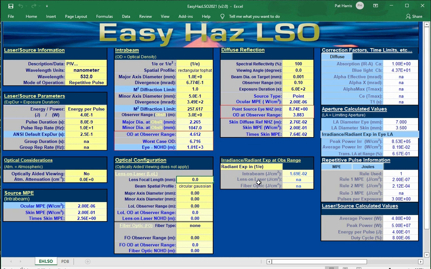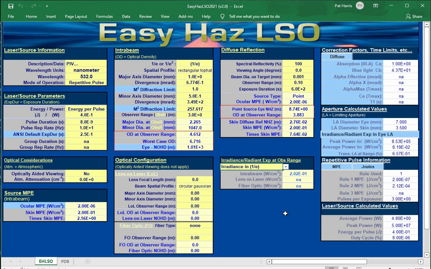And we can see that we would need a barrier that could withstand about 17 millijoules per square centimeter. And for irradiance, you need to withstand a couple of hundred milliwatts per square centimeter. So at that kind of distance for this type of laser, you don't need a barrier that's going to withstand a lot. It just needs to block the visible light pretty well. Okay? I think that's about it.